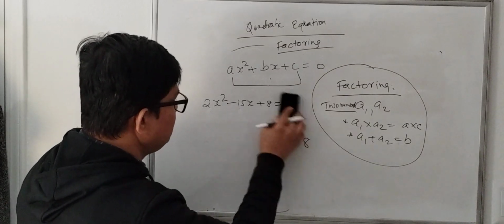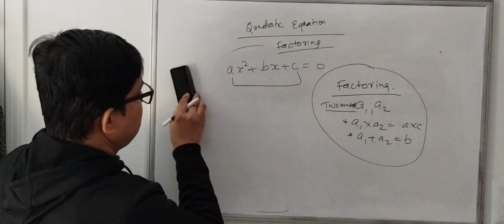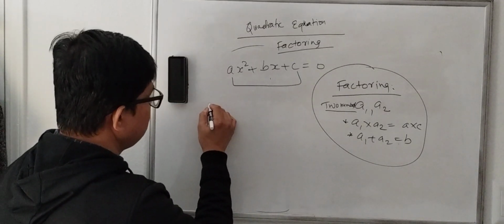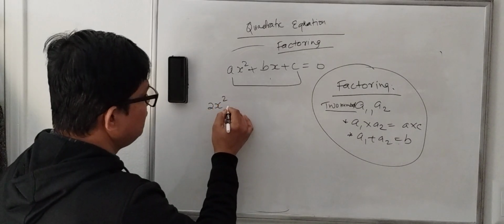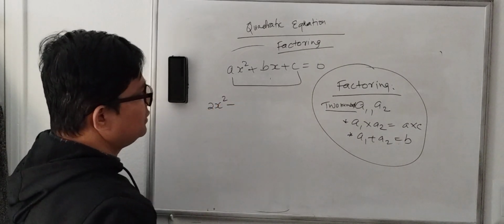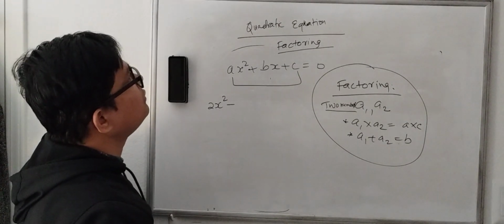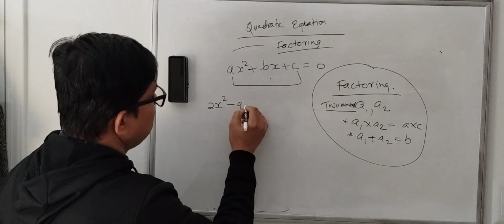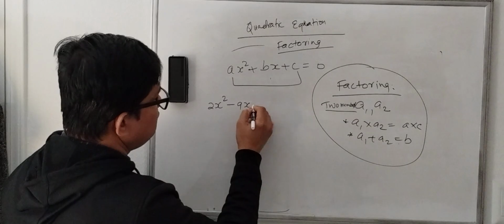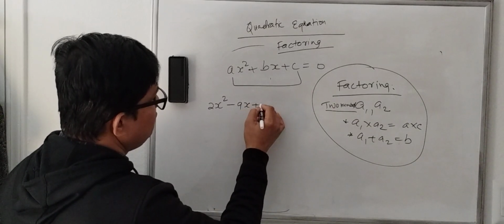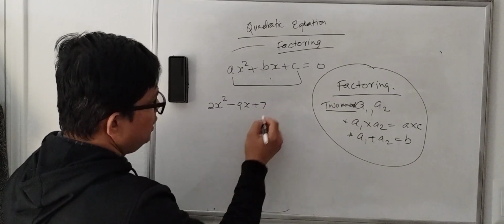Let's try some other value. Maybe, that's why I needed some example. 2x squared minus 9x plus 7.